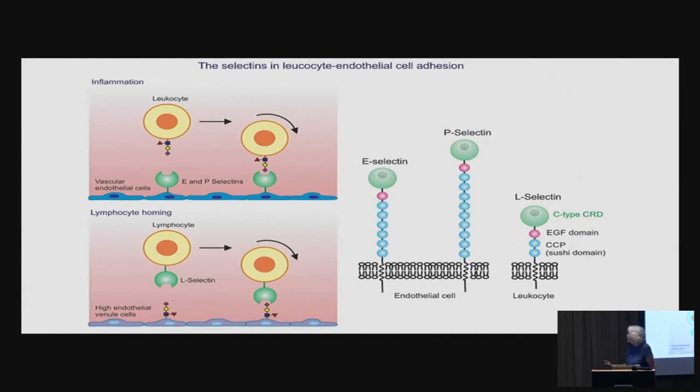And so the selectins all look like this. They have the C-type CRD on the extracellular region, and two other types of domains which are not involved in sugar binding.